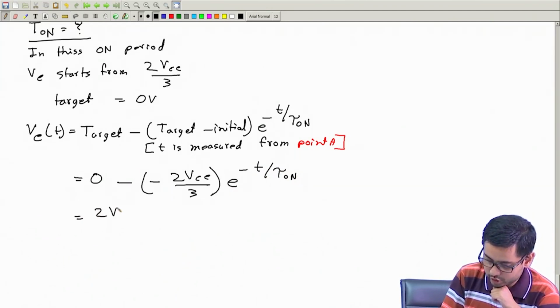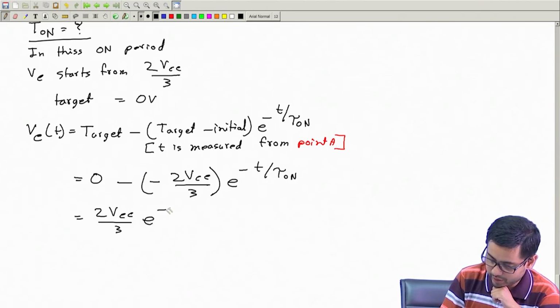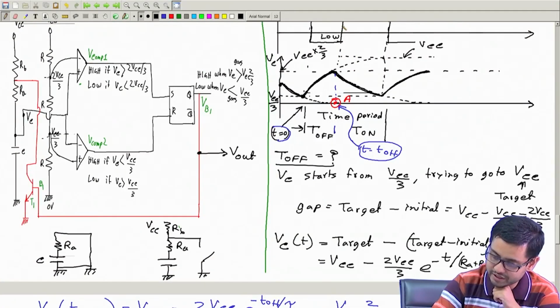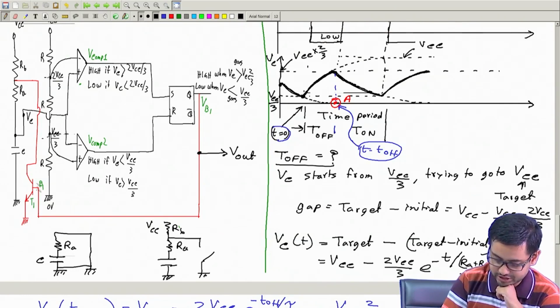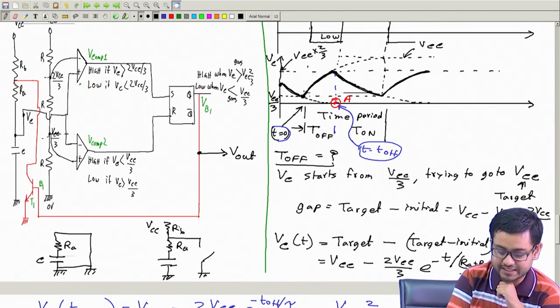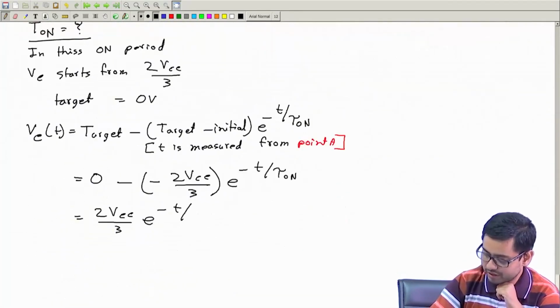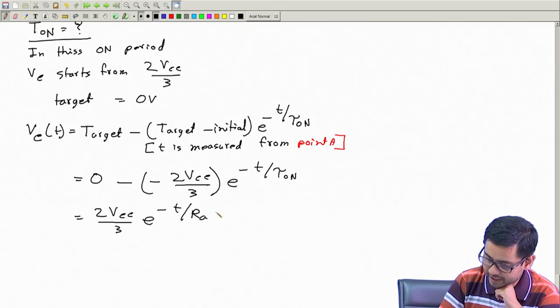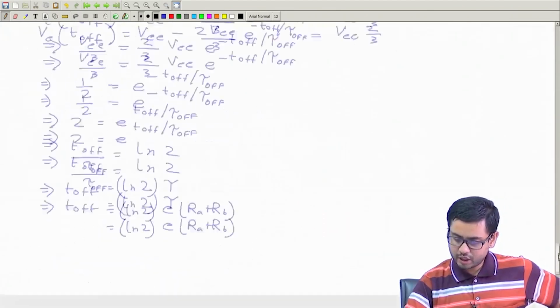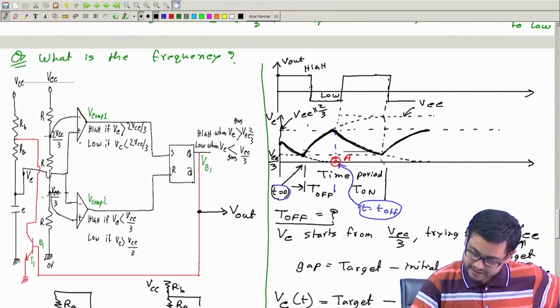Minus minus goes away, 2 VCC by 3 e to the power minus t by, what is the value of tau on? Tau on is the time constant in this period when this switch is on, this discharge time. So only RA is there, RB is not there, RA is there in series with C. So I will write this as RA times capacitance C. Okay. So this is the value of Vc.